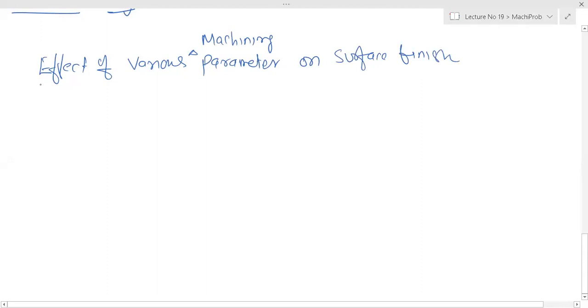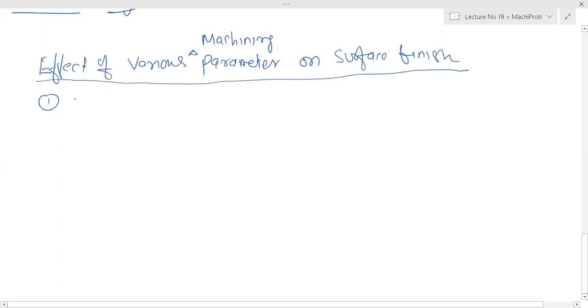Surface finish is very important in a machining operation. So we'll understand how surface finish changes with machining parameters, right? So one by one, see.